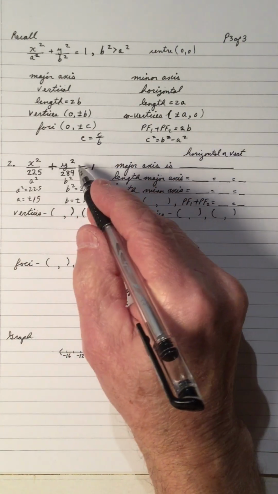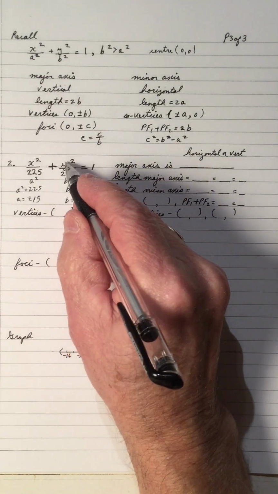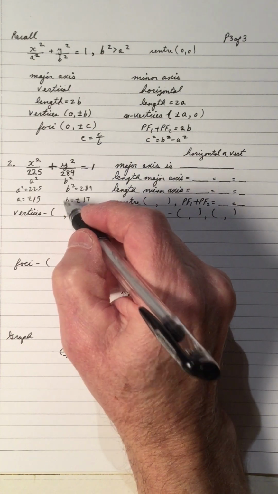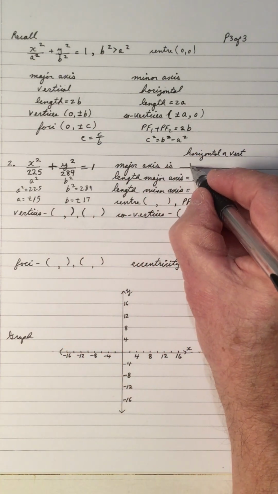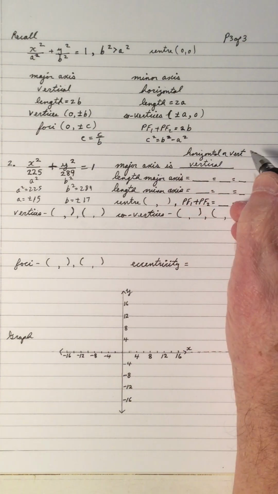Again, 289 is larger, so that means the y-axis, or the vertical axis, is the major axis. That means the minor axis is the horizontal axis.